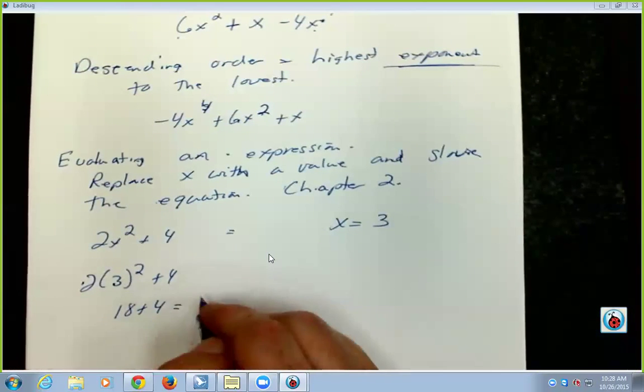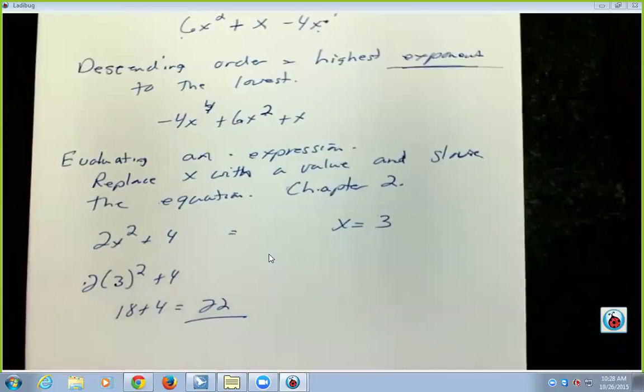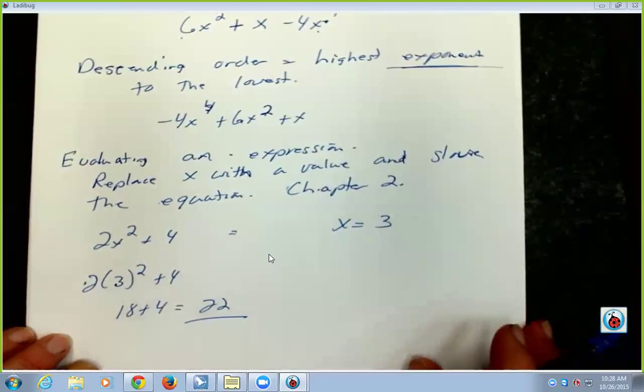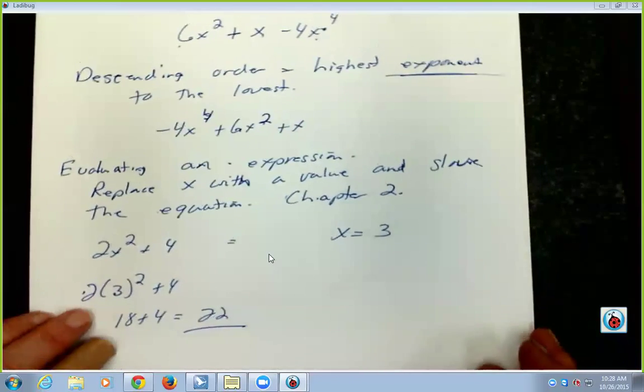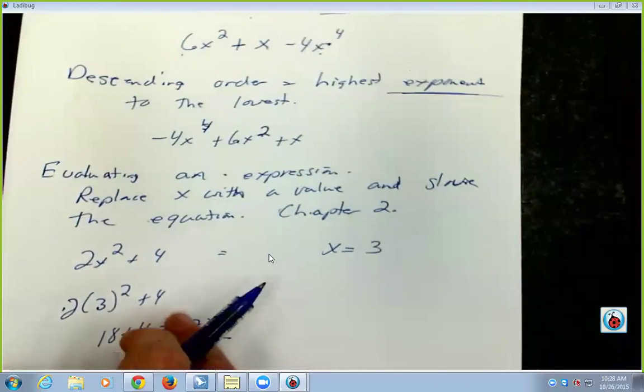And 18 plus 4 gives me 22. Okay, so I'm just replacing and pulling out what x is, sticking another value in its place, and then solving my equation. Okay, and we did this. You guys remember that? It hasn't been too awfully long ago.